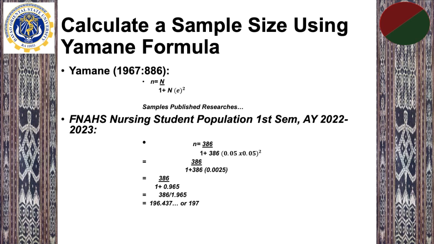If we have a population of 386, for example, as your entire population, then we plug in all those values: 386 divided by 1 plus 386 times the level of precision squared, that becomes 0.0025. For the answer, if there's a decimal point, you could decide whether you're going to retain it at 196, but here I decided on rounding it off even if the following number is less than 5.